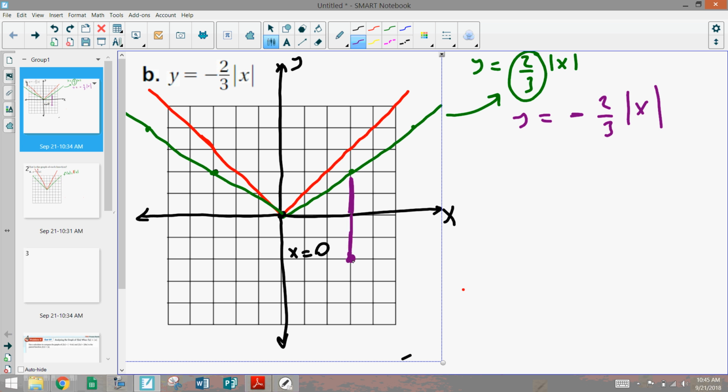Clear? And then from here to here, how many units? 1, 2, 3, 4 units. And you do the same thing: 1, 2, 3, 4 units. So it's going to go from these points. Similarly, 2, 2.